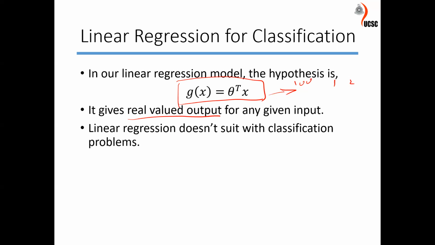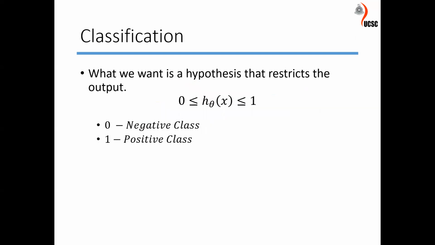It can be 0 or 1, or -1, +1, right? For that, you have to apply another function to reduce this real value into our expected value. So linear regression does not suit classification problems, and for that we have to go for a logistic approach.